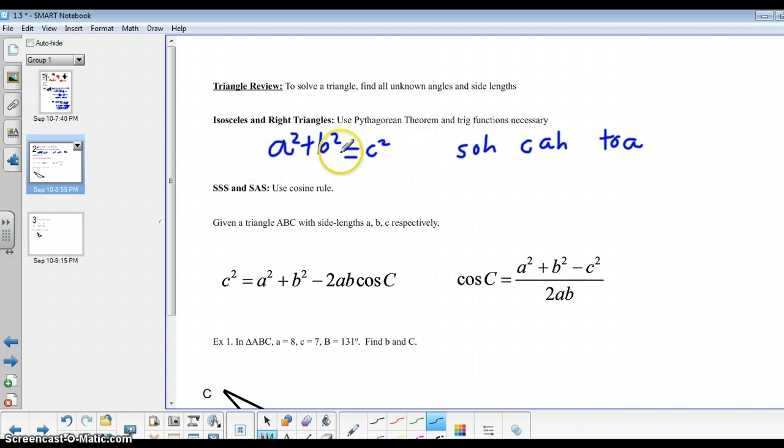But when you don't have a right triangle, you need to use either the cosine rule or the sine rule. If you know all 3 sides, or if you have 2 sides and an angle, then you use the cosine rule. The 2 formulas I want you to really understand are the ones on your formula sheet when you come to the IB exam in May.